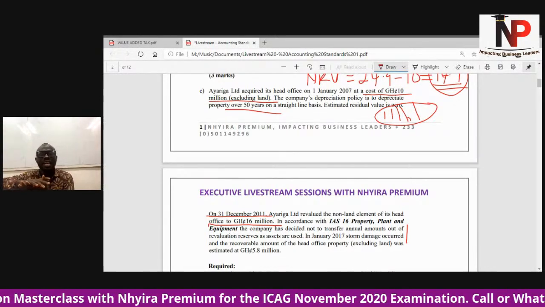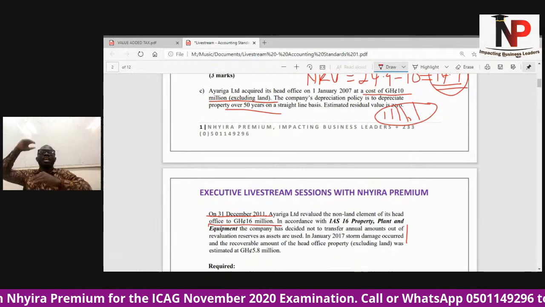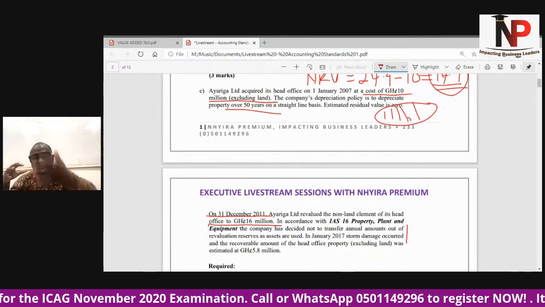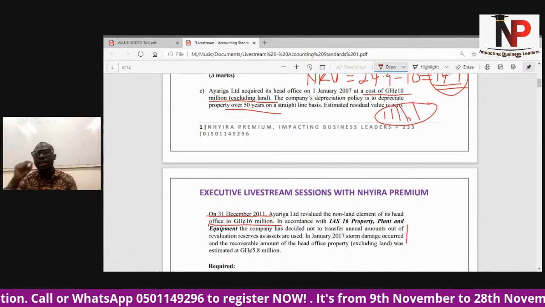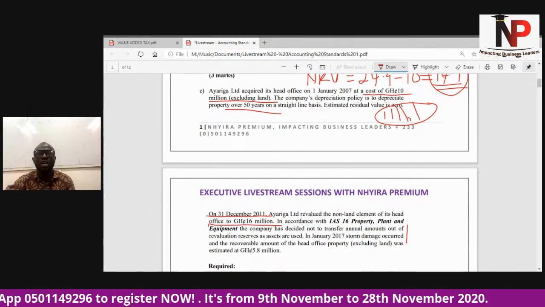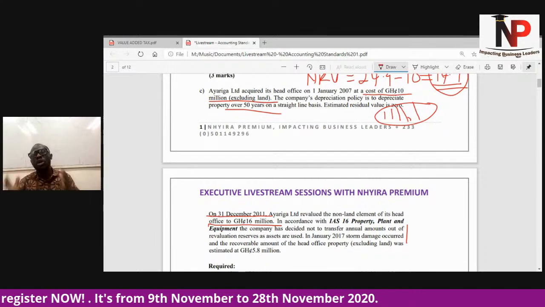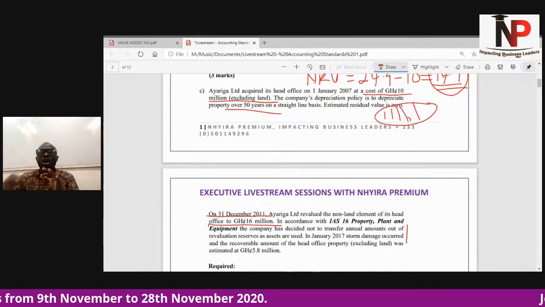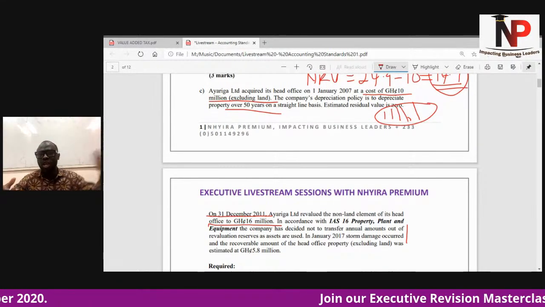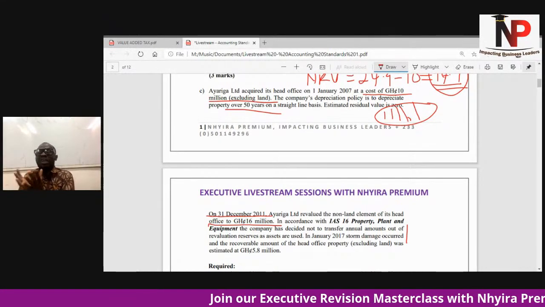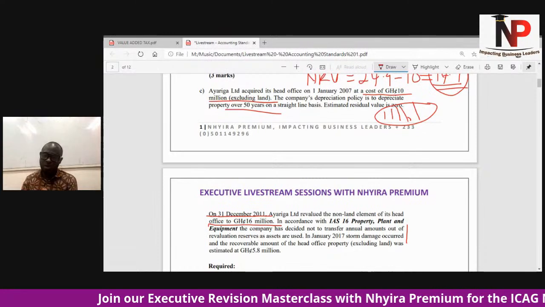Now, when the asset is revalued and it is greater than the recoverable amount or the carrying amount, it results into a revaluation surplus. Now, when the depreciation is now calculated on the revalued amount, what is going to happen here is that more depreciation will be charged than it should have charged, which means the profit available to the shareholders will be reduced.